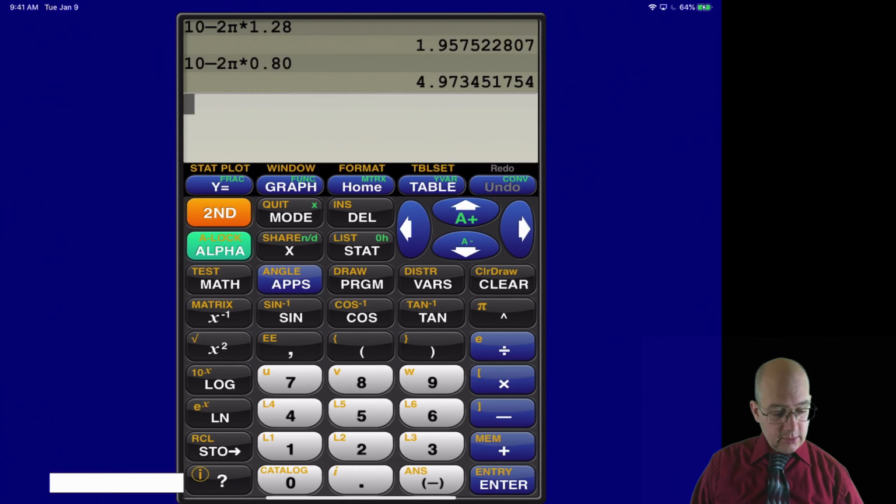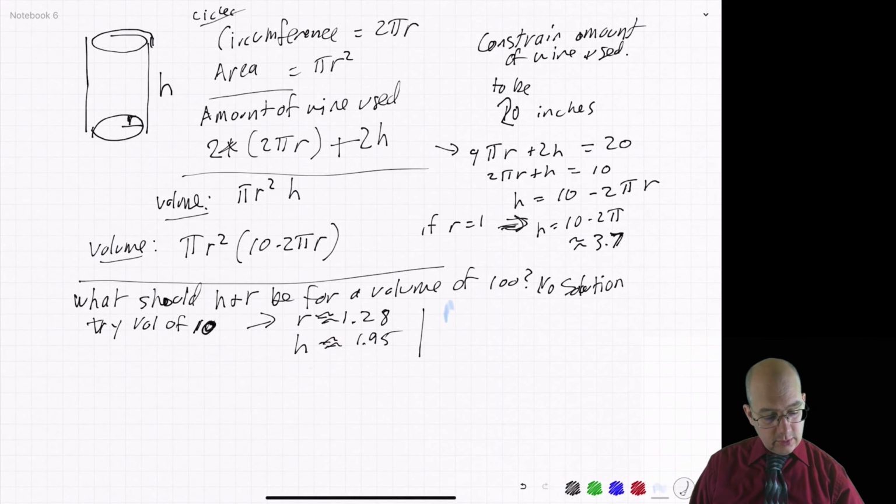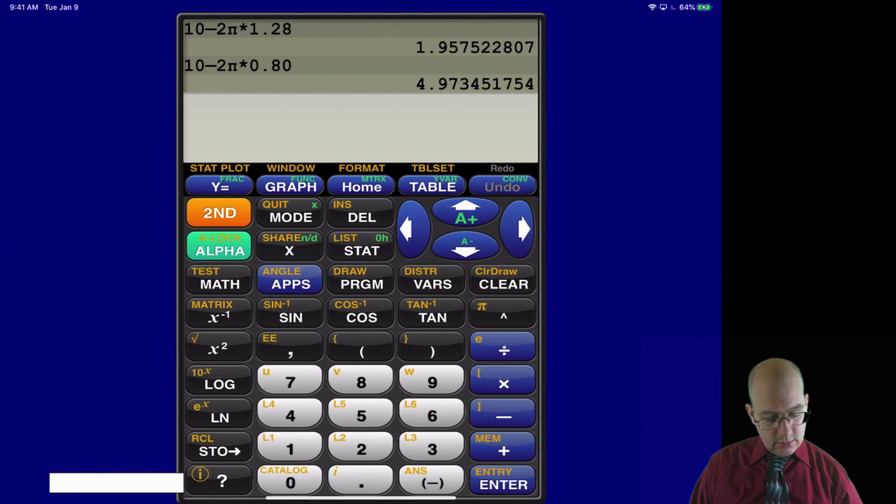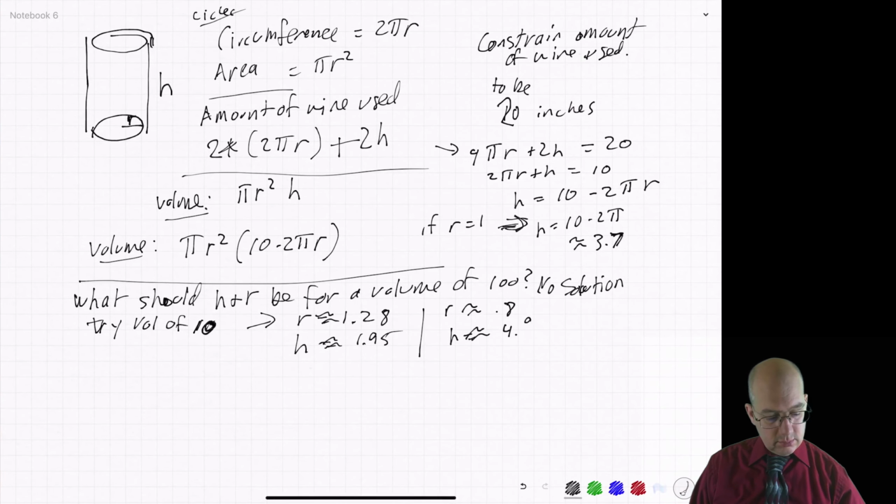So that's a very tall one. Or R is approximately 0.8, and H is approximately, what was it, 4 point something like 97.